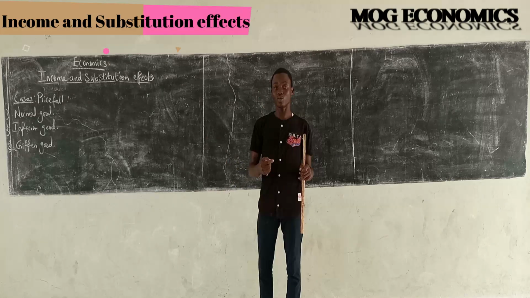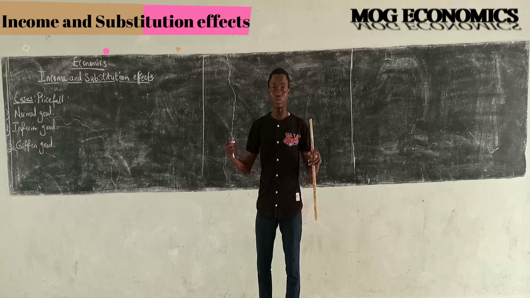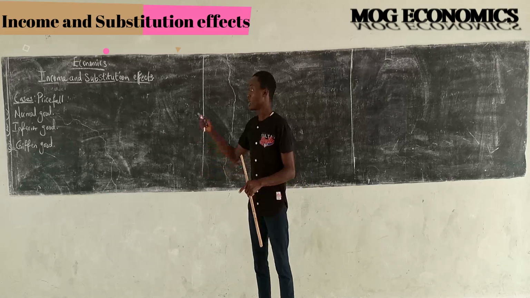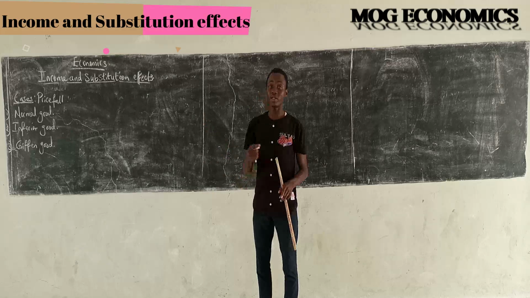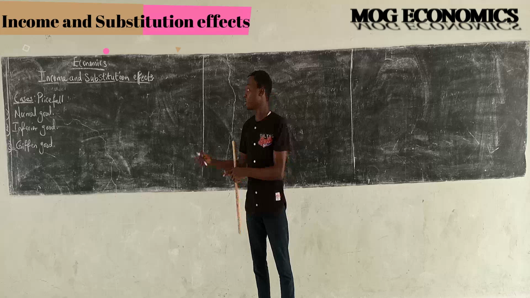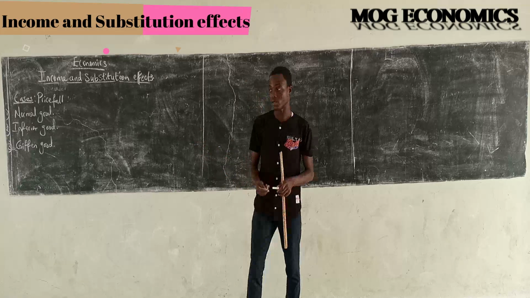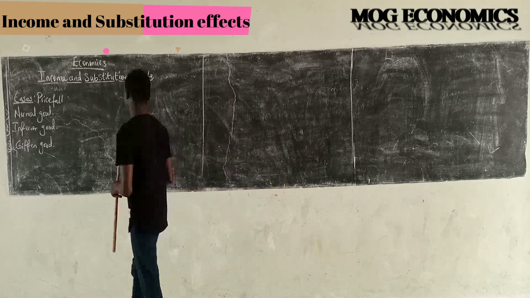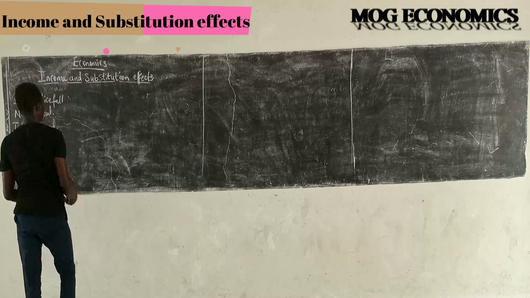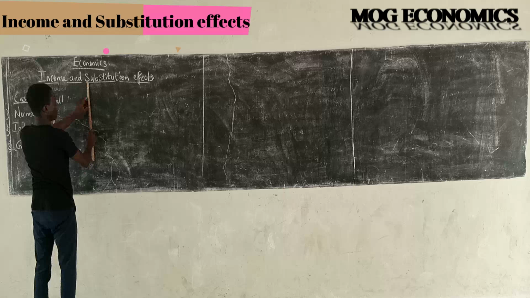Because on an indifference curve, I need to sketch 2 goods. So the assumption is that the other commodity as well is a normal good. Now, when I'm treating the second case, which is that of an inferior good, the assumption as well will be that the other good is a normal good. The same thing for case 3, Giffen good. Okay, so let's get into business. So I have this.